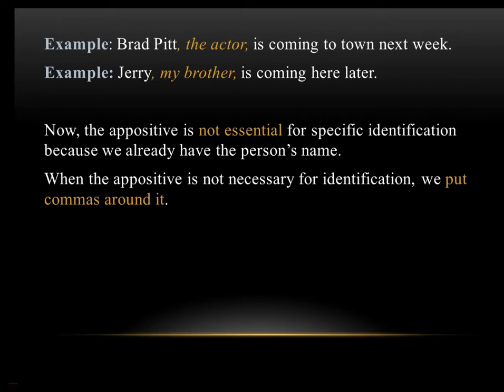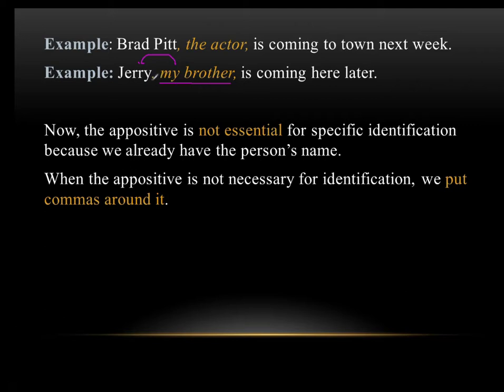Let's look at the next one. Jerry, my brother, is coming here later. Your appositive is my brother. I'm talking about Jerry, and the question is, do I need this thing, my brother, in order to let you know that I'm talking about Jerry? No, I don't. My brother is just extraneous information, interesting but not necessary for identification.